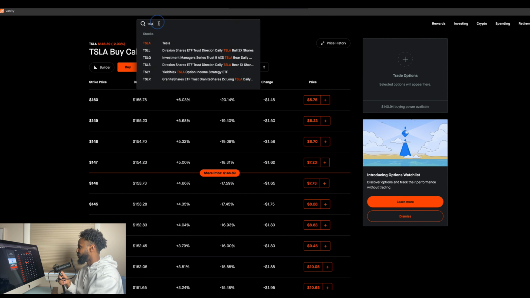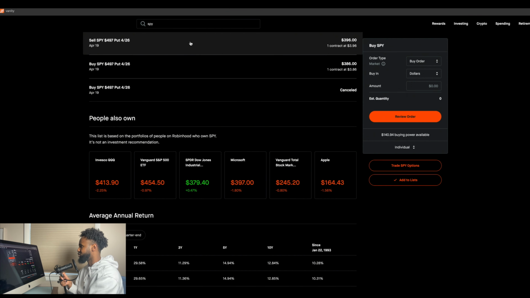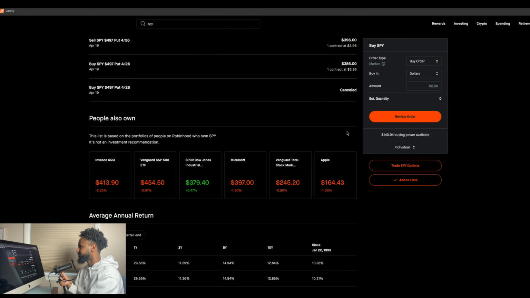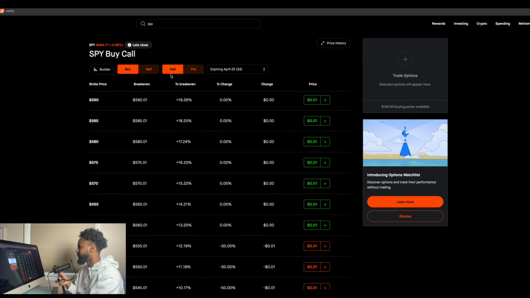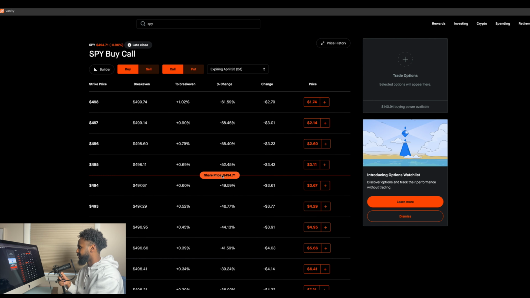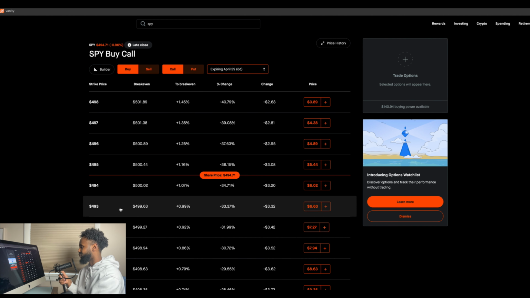And if we go to Robinhood, we can see the same thing, if that is something you use more often. If we go to trade options, it tells us the price of SPY. We go to expiration date, make sure we go to a further expiration date, and then buy either the 494 calls or 493.